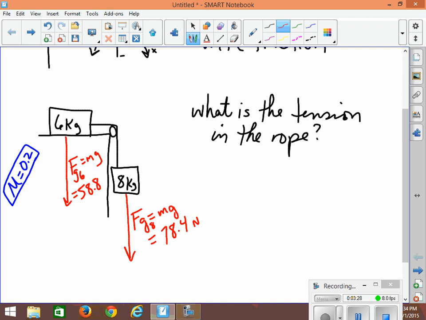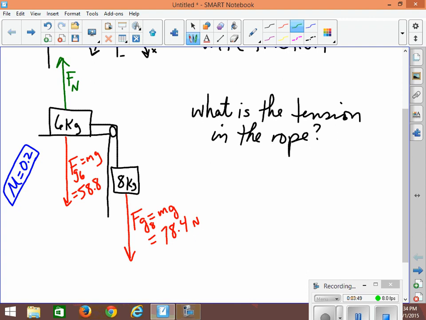Then we have to acknowledge that there must be a normal force pushing upwards on the 6 kilogram block. We can tell by looking at it it's probably going to equal the gravity force down, but let's go through the whole solution and work everything out with the numbers so we don't make any assumptions.